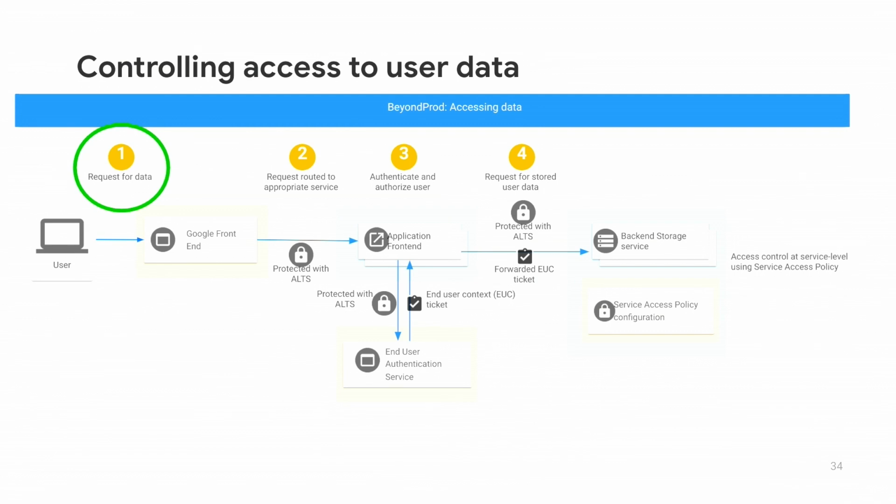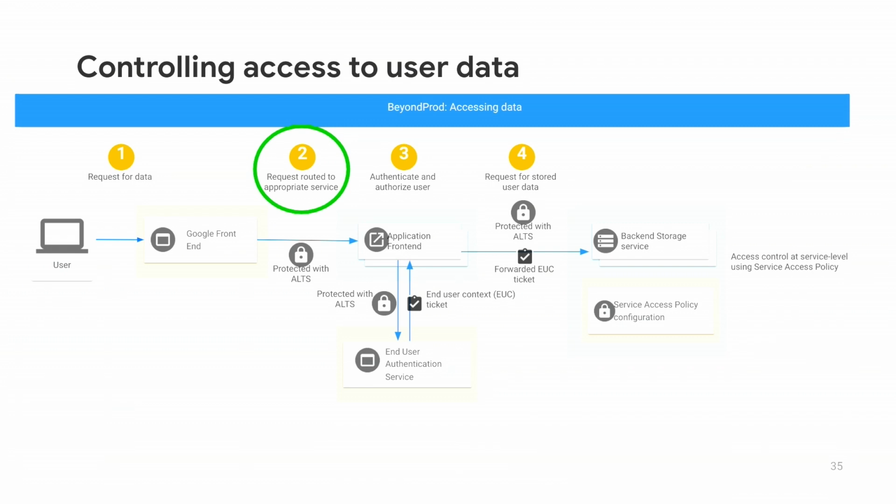So the request ends there, but now the request needs to be forwarded on to the specific application responsible for whatever this request is going to be. To protect those communications internally, we re-encrypt using something we're calling here application layer transport security. This allows us to do mutual authentication, protect the contents of the request, and identify both the source and destination of the request.